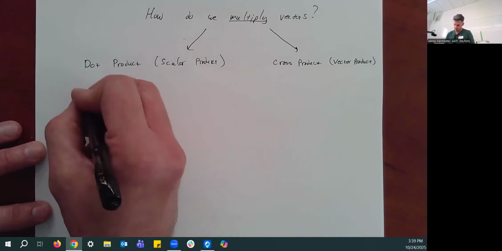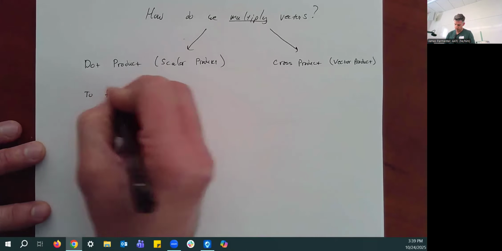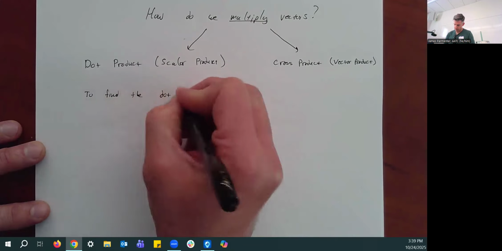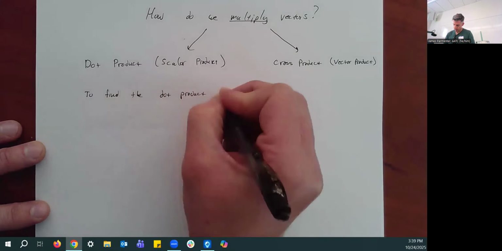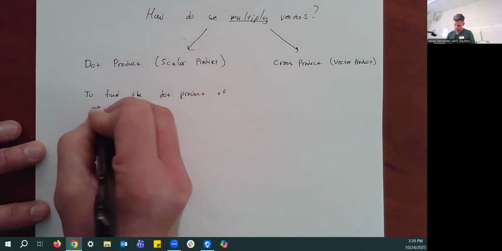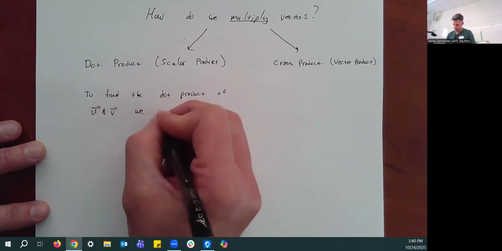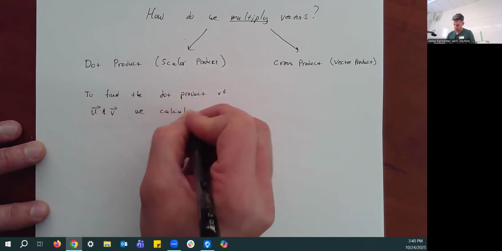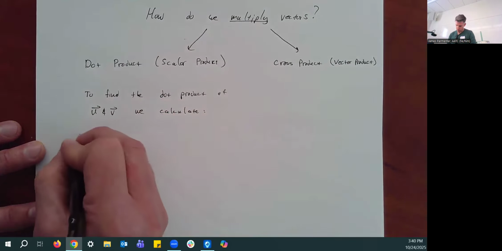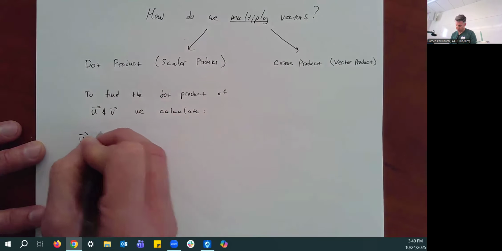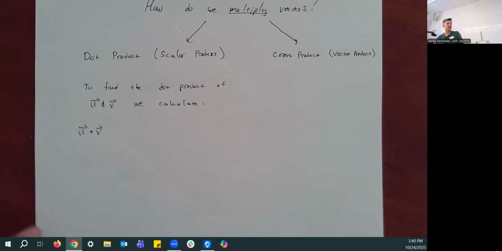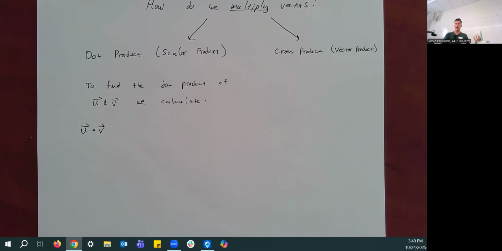To find the dot product of U and V, we calculate the following. U dot V. When you write U dot V, make sure you emphasize that there's a dot right there. Don't just write U next to V like regular multiplication. Make sure that dot is bold.